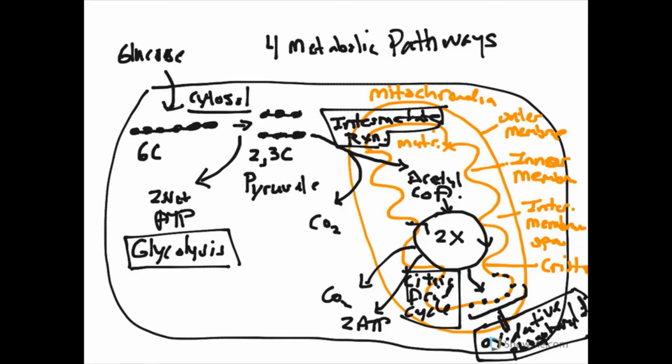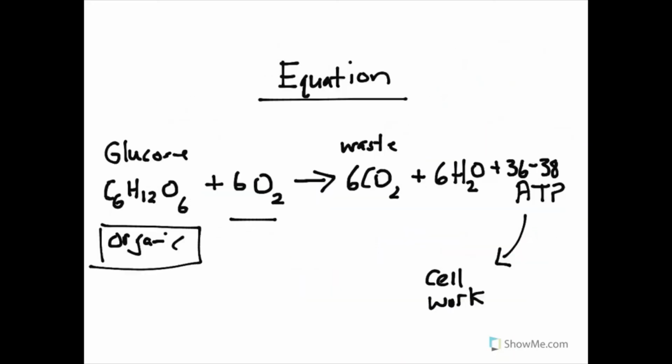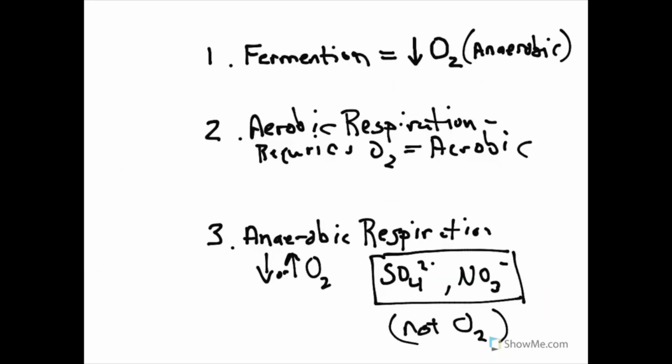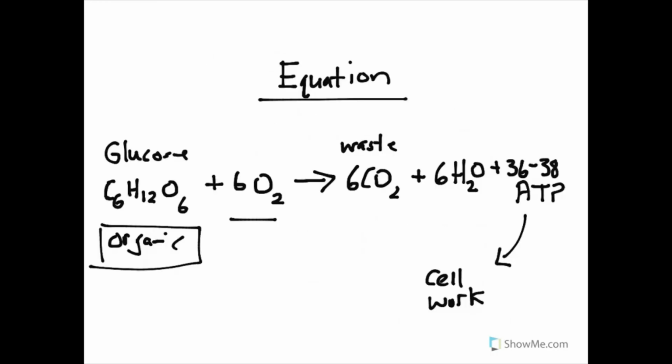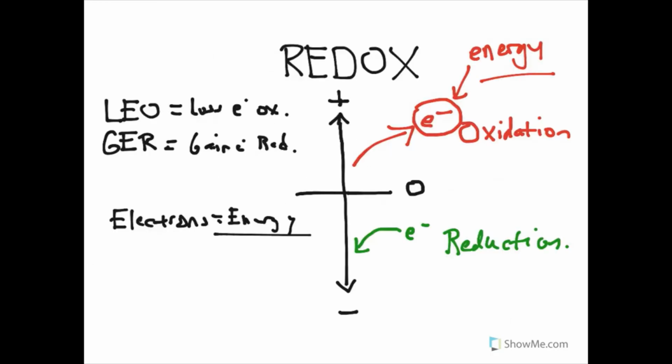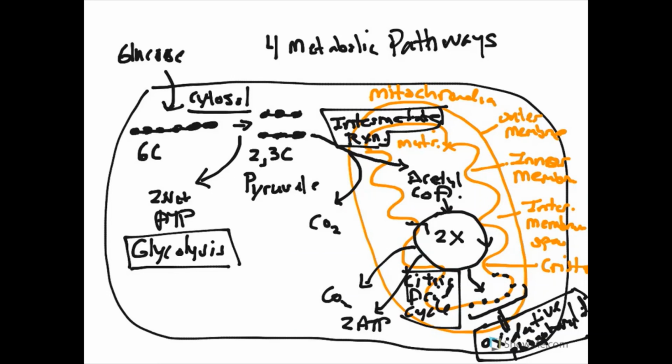But it's very important that we grasp the overall basics of where everything is and what's happening. The big things in this video that I'm focusing on are what catabolic reactions are, what the equation is, what redox is, and then the electron carriers and the roles of dehydrogenases. Lastly, I always like to go over an overview because this is going to be the foundation for the next 3 videos to come.